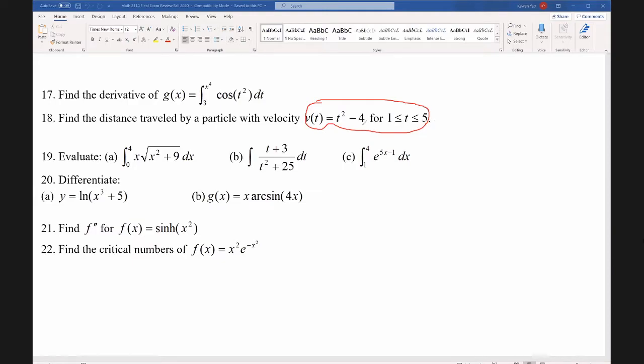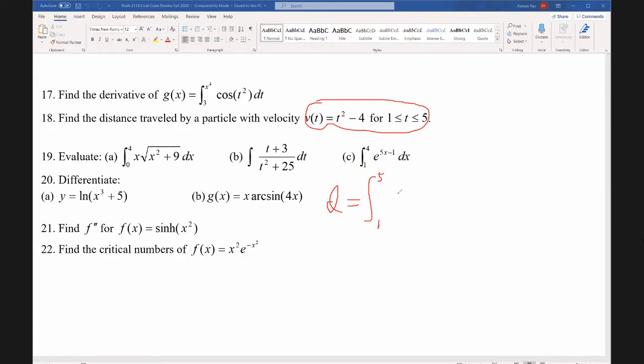From 1 to 5. Now you want to find the distance traveled by a particle with this velocity, right? So distance is, say, d, right? Distance d. Okay, from 1 to 5, right?